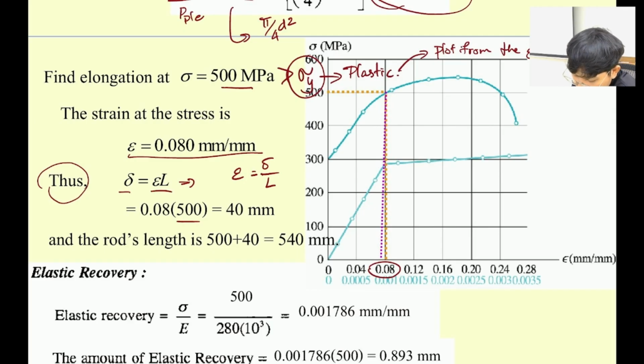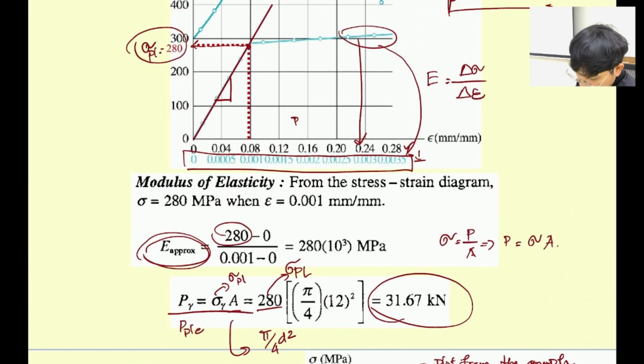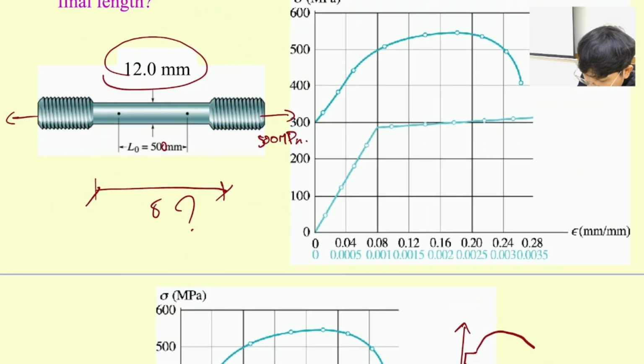We know that L equals 500 millimeters, and strain is the one that we plot from the curve over here, and it's equal to 40 millimeters. And then the rod length is now 540 millimeters, which means if I go back here, when I apply 500 over here, it extends a little bit.